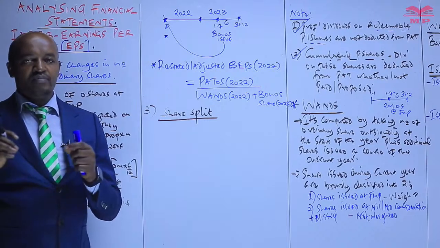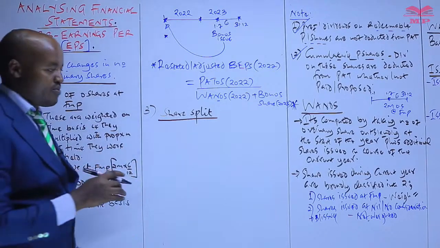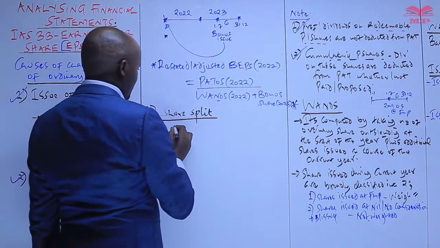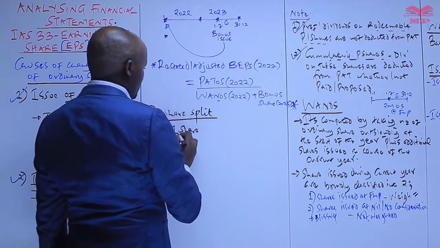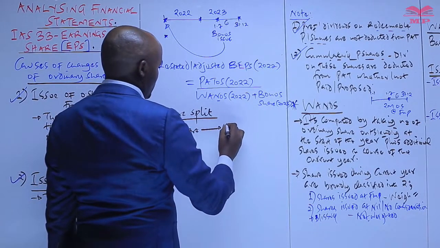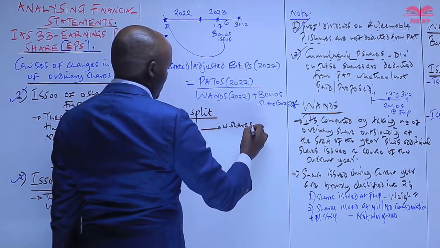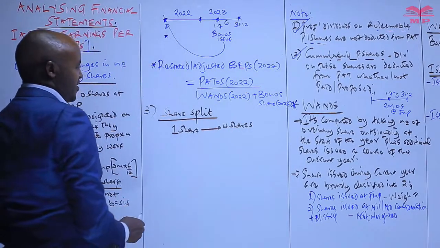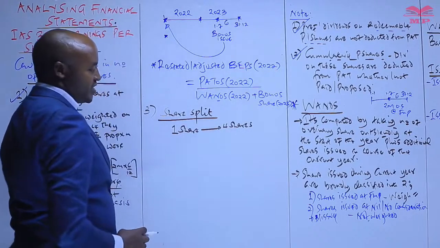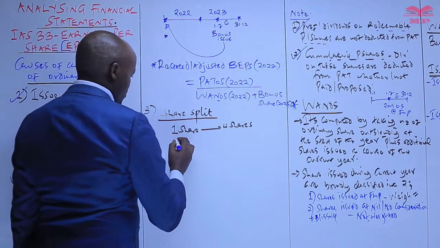For example, you can be told that the directors of the company have decided to split one share into 4 shares. Meaning that if you held one share before the split, after the split you'll be holding 4 shares.